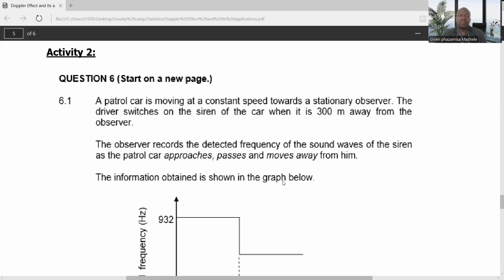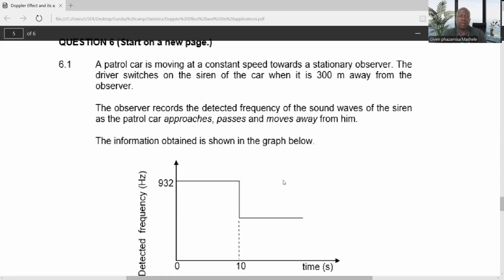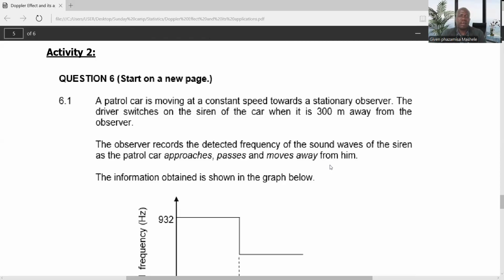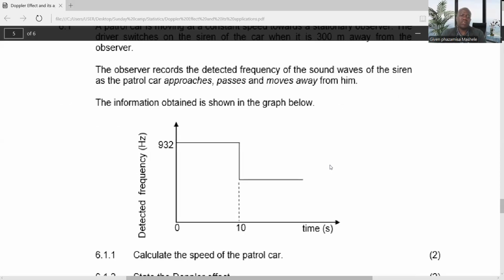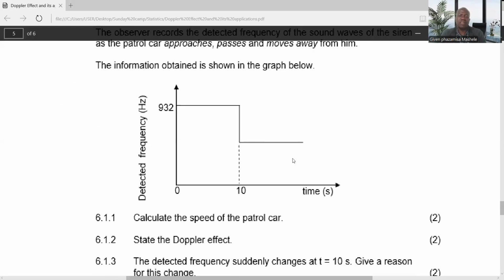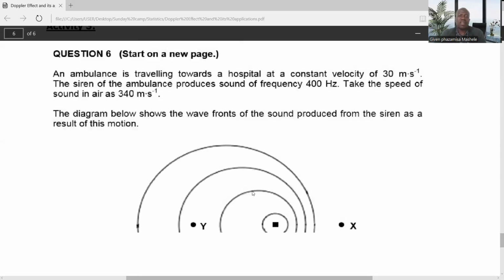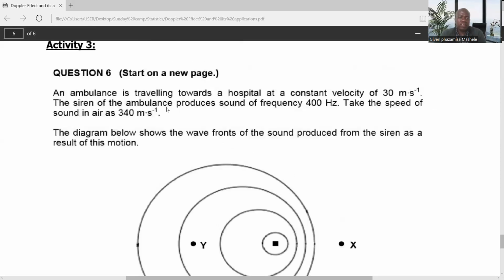A patrol car is moving at a constant speed, but I'll create another video just to address this, due to time. Stage 2, application of Doppler's effect. They did not specify whether you're talking about law enforcement or medicine, so you can state any. This is another case where they say an ambulance is traveling towards the hospital at a constant speed.